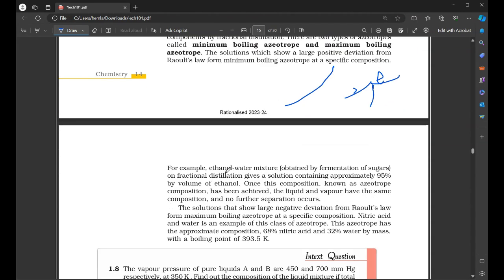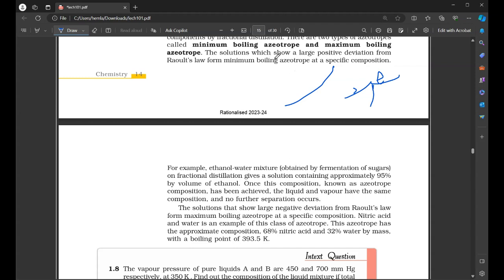For example, an ethanol water mixture obtained by fermentation of sugars, on fractional distillation gives a solution containing approximately 95% by volume of ethanol. Once this composition, known as azeotrope composition, has been achieved, the liquid and vapor have the same composition and no further separation occurs.